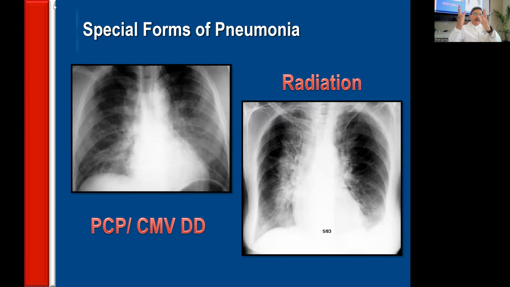It is parahilar and paramediastinal. The shadows are not in the periphery. How do you distinguish radiation? Radiation does involve a lobe pattern, not segment pattern. Does it involve the periphery of the lung? The outer 2/3 is spared, with the central 1/3 of the lung, parahilar, paracardiac, paramediastinal area only affected in radiation.